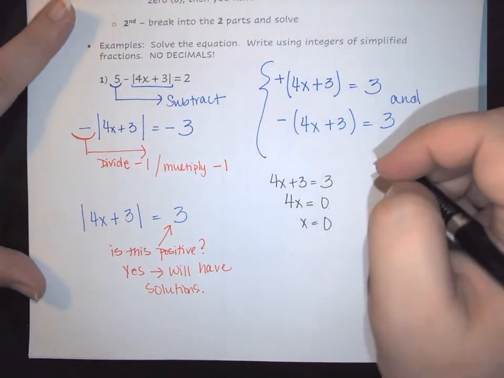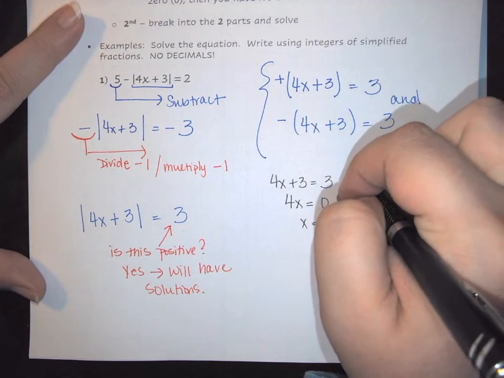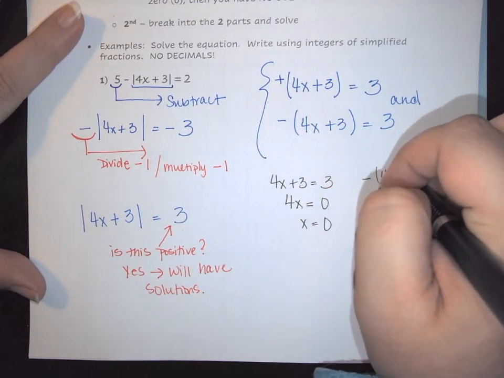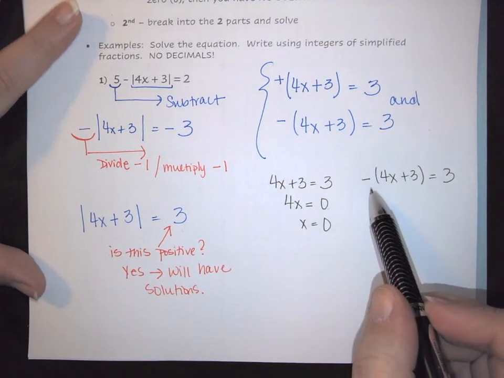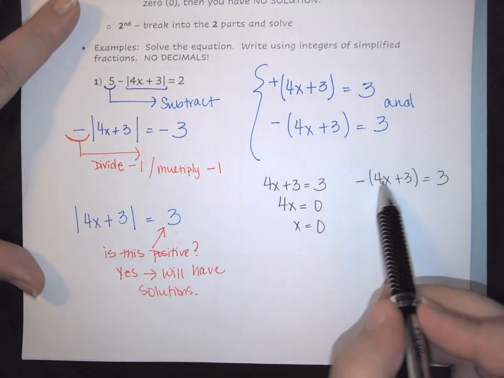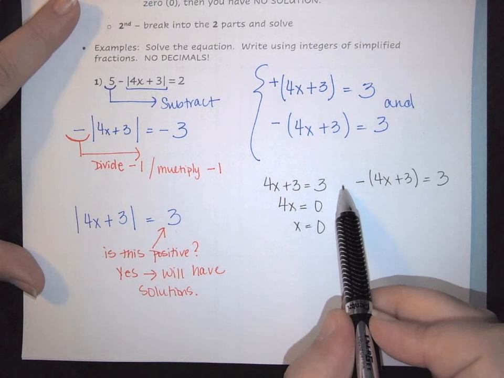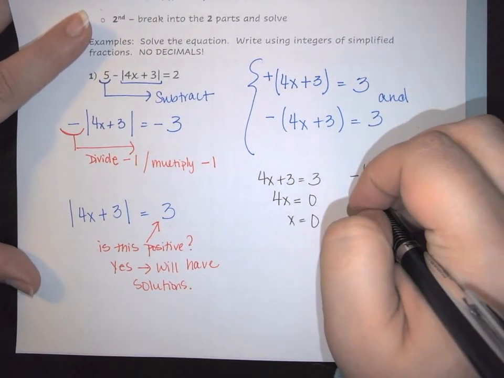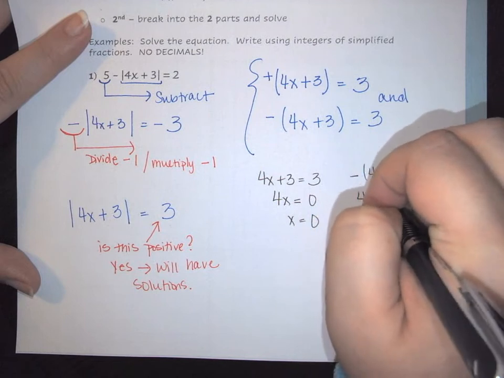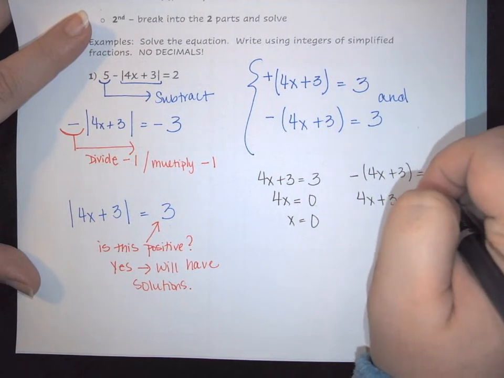Your second one is going to say that we now have the negative of the 4x plus 3 equals 3. Here there are a couple things you could do with it. You could distribute through, or you could divide it out. It's up to you. I'm going to divide it out, so this gives me 4x plus 3 equals -3.